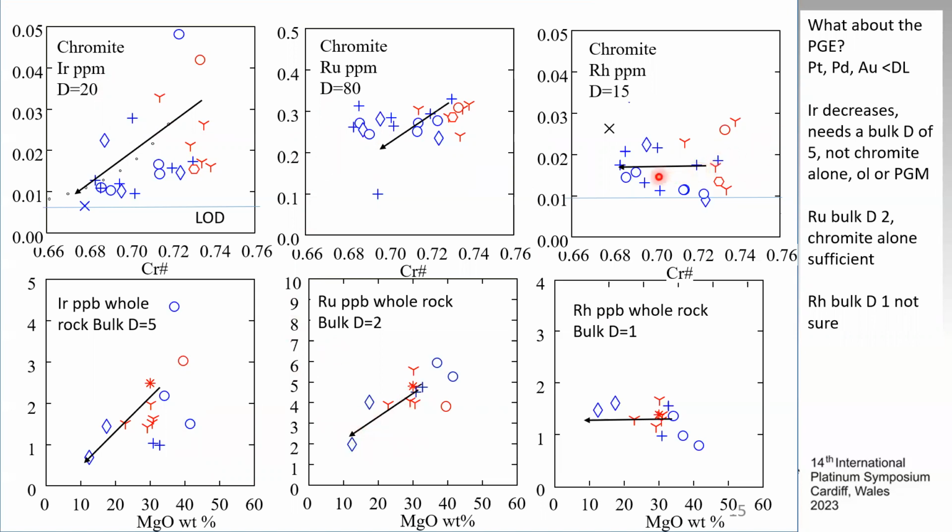Rhodium, I wouldn't like to write home about that, but it seems to not change very much. But the detection limit's 0.01 ppb, and we're knocking around 0.02, so I'm not going to make a song and dance about it. But anyway, iridium, ruthenium, and rhodium all seem to have gone into the chromite and are decreasing. Platinum, palladium are less than the detection limit of 10 ppb.